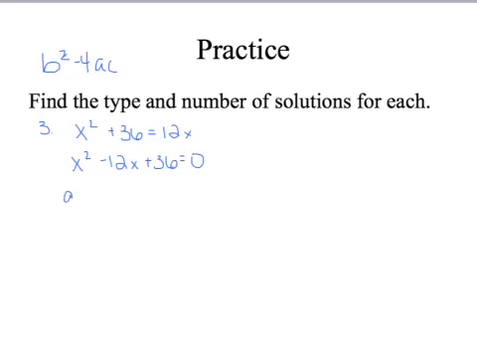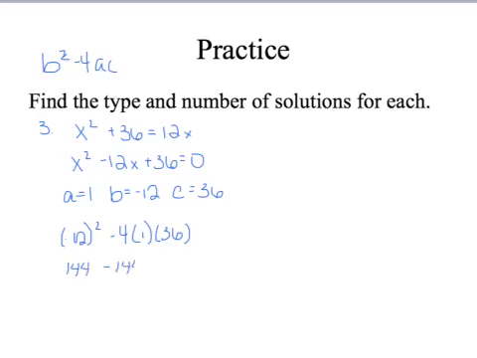Okay, so a is 1, b is negative 12, and c is 36. Alright, so I have negative 12 squared minus 4 times a times my c value. And when we simplify this, we get 144 minus 144.